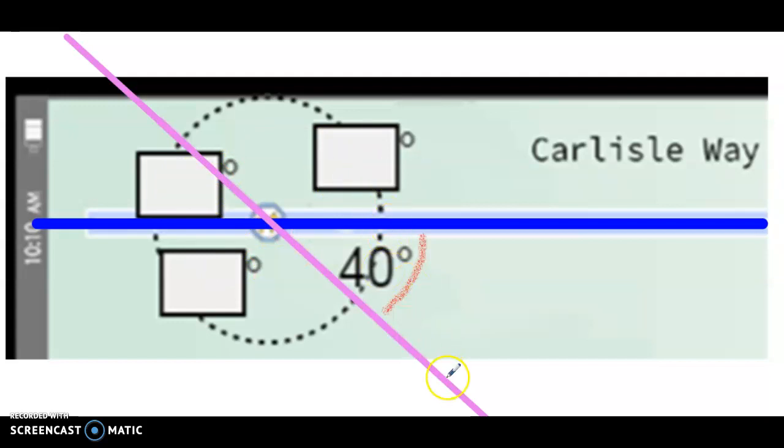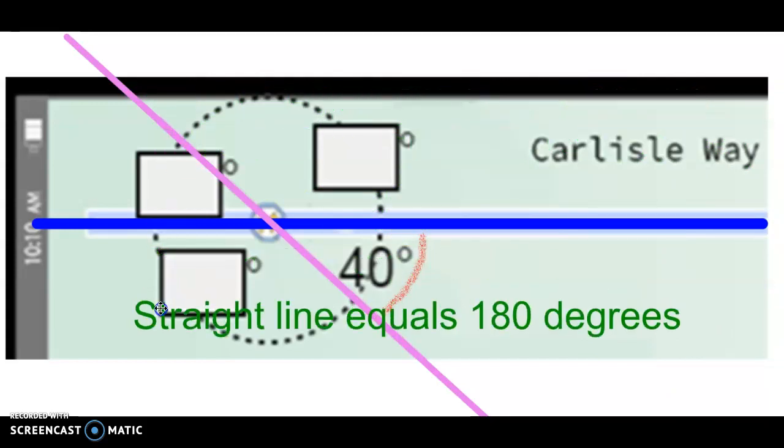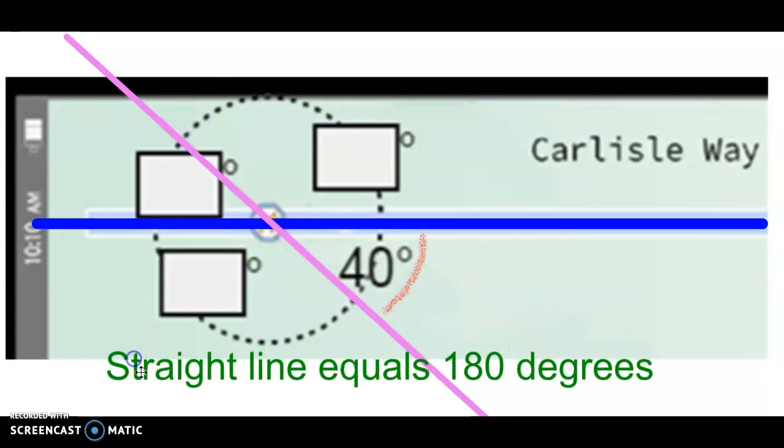The parallel lines don't come into play yet. But what we do know is that all straight lines make up 180 degrees. The straight line that we see is right here. There's the 40 degrees, but if I keep going around to here, I see that these two angles make up 180 degrees, this angle plus this angle.